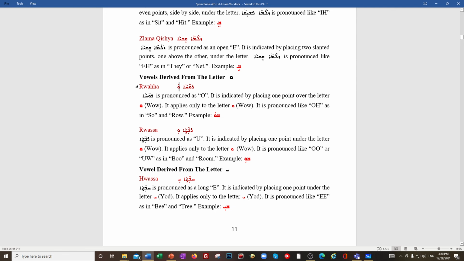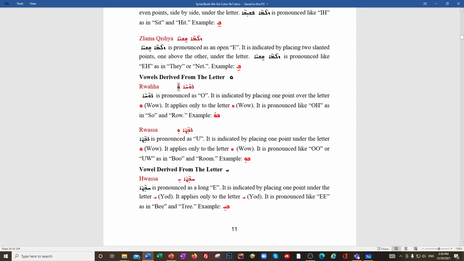When you see this single dot above the letter wow, that is not a letter anymore. It is a vowel. And why do I mention this? When we study reading, we need to focus on what makes up the syllable when we talk. It's not going to be a letter.